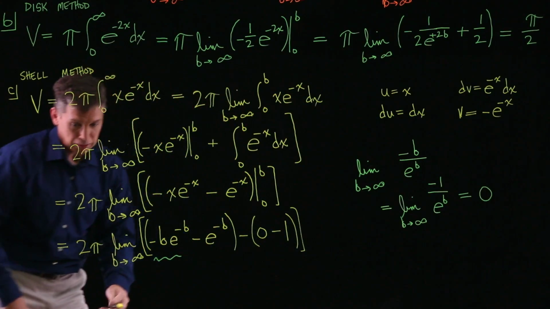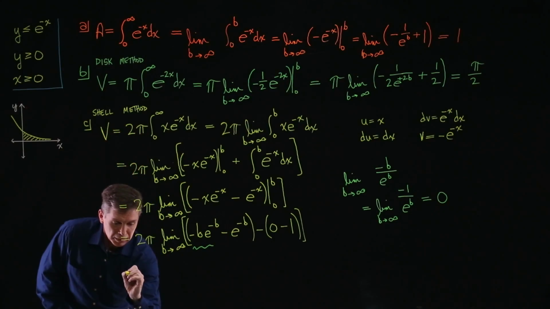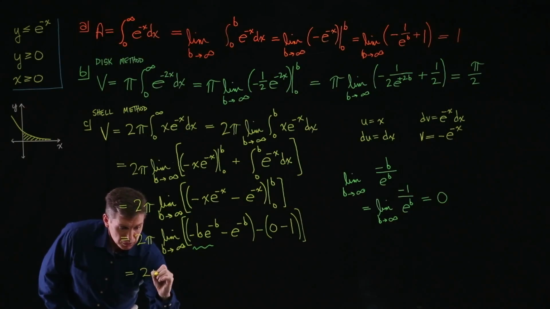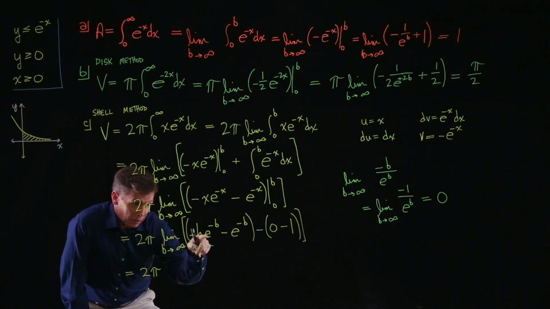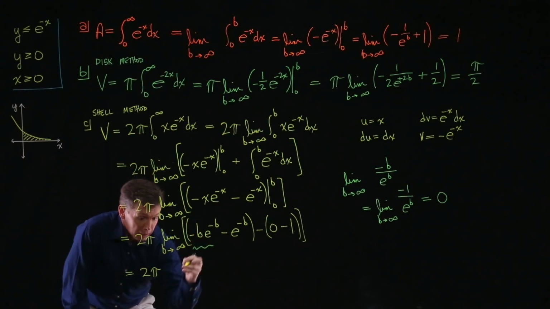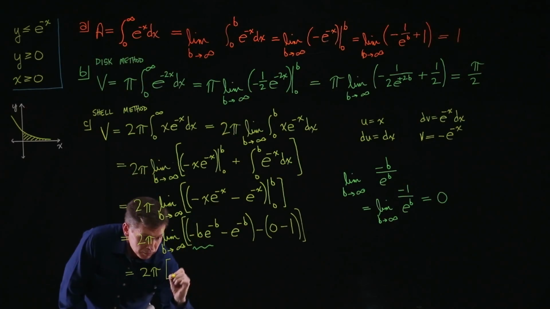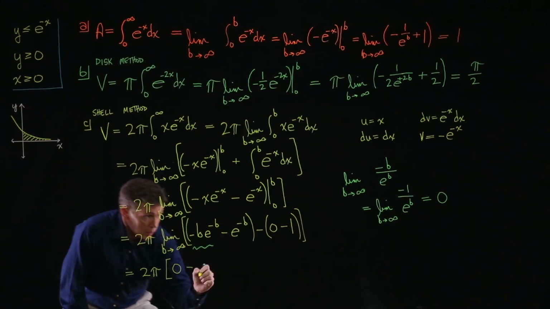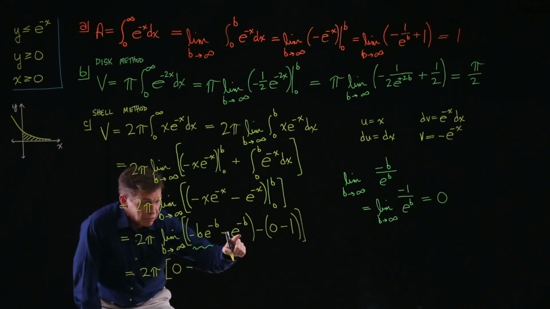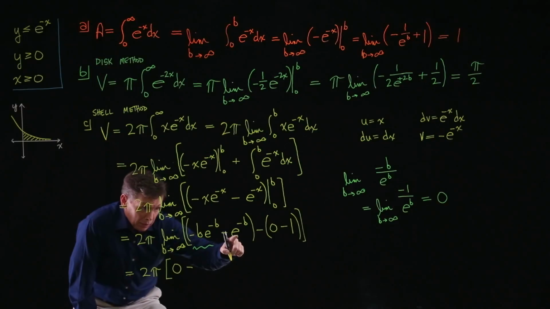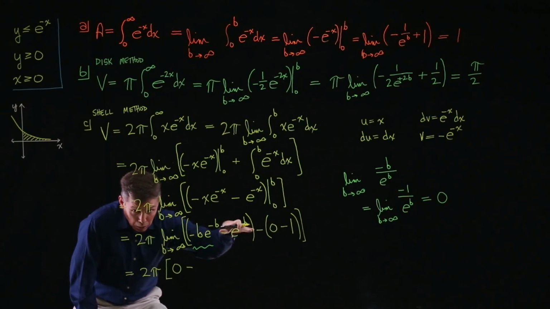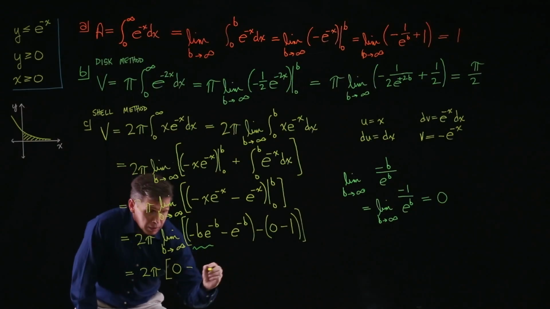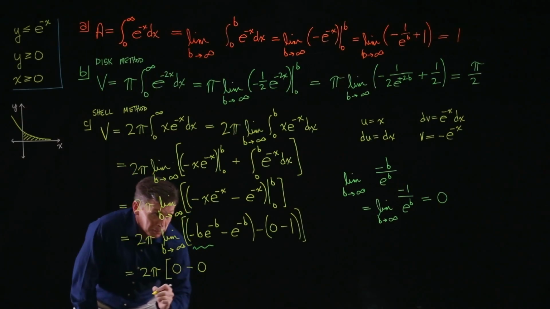And so I'll try to go down on my last line here and see if we can get a final answer. 2 pi. We know that I'm doing my limit now, so I won't write lim. That goes to 0. Minus, putting an infinity in here, this e to a negative b power, if it helps, think of it as 1 over e to the positive b power, because that's actually, again, going to be a 0.